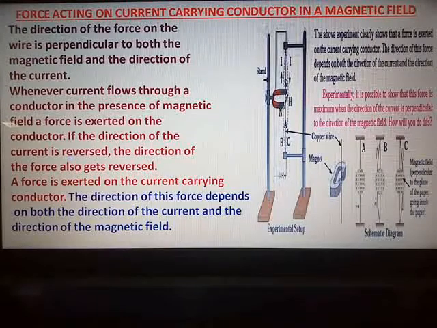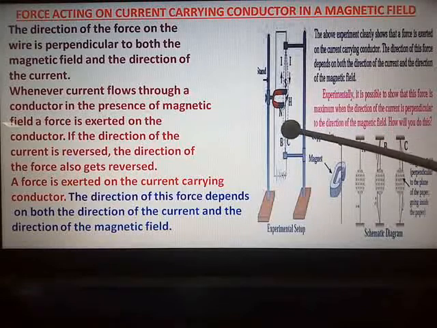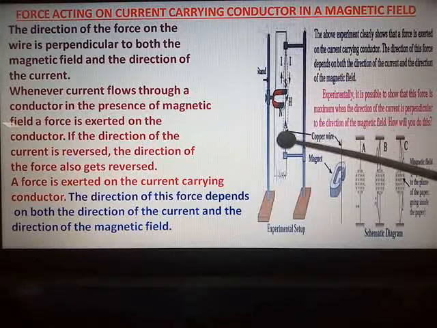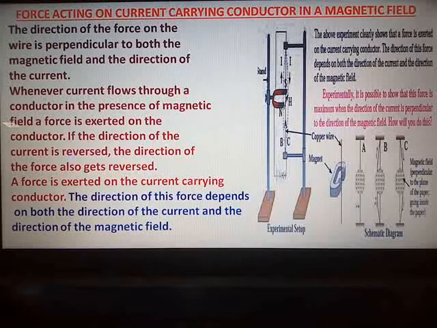Now here two conditions are there. One is when a current is not flowing through the wire, then it remains straight at position A. You can see this position in the middle, position A. This is the position of the wire when the current is not flowing through it, and when the current flows from top to bottom, the wire bends and it comes to position C, on the right hand side.